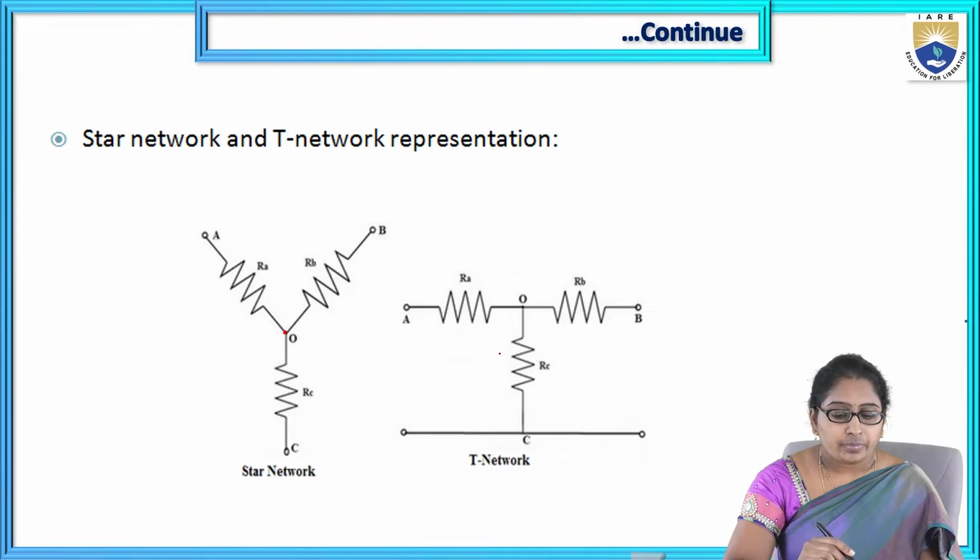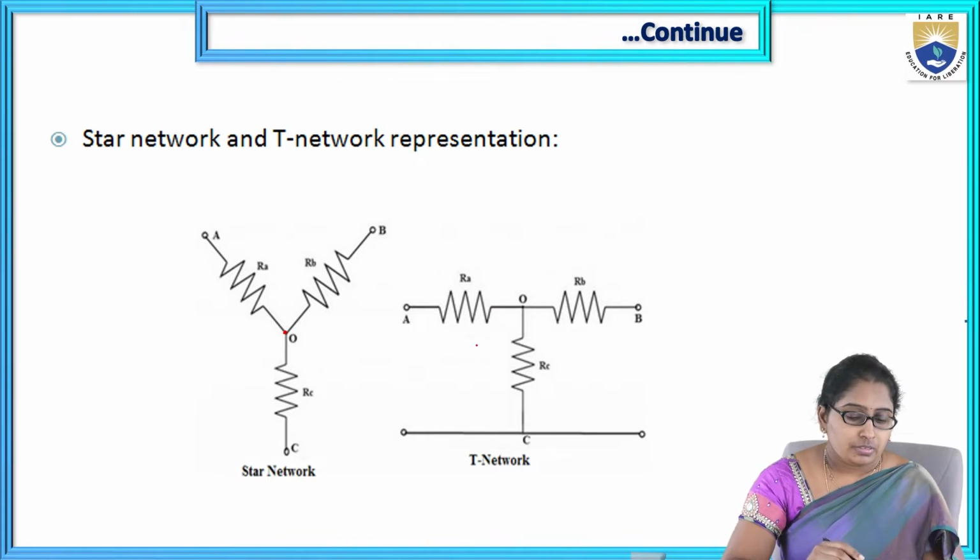Here the first resistor RA is taken as horizontal, with common point O, and from the same common point resistor RB is also drawn horizontally.